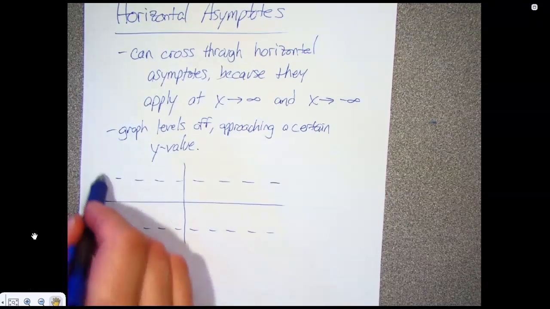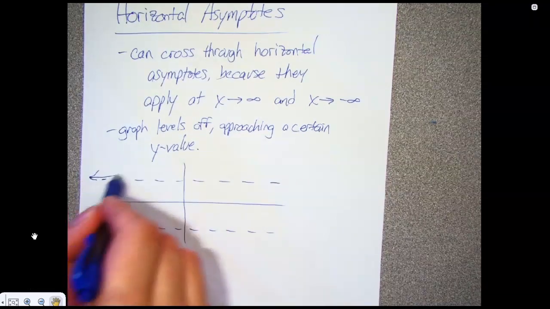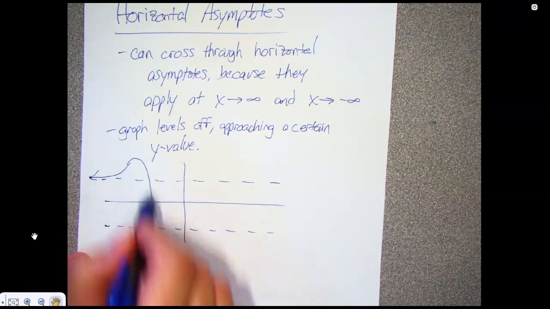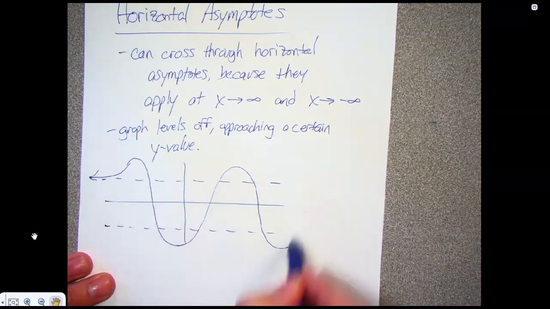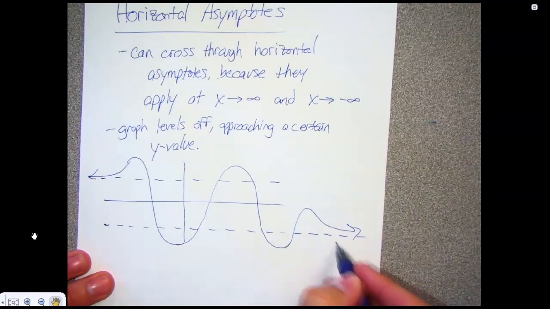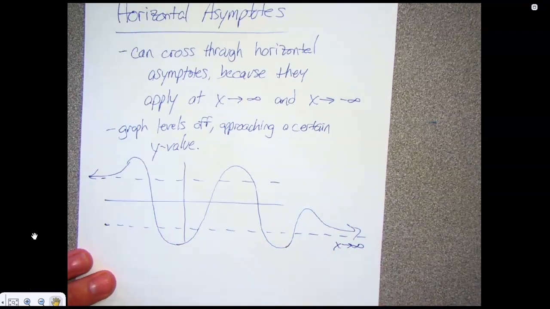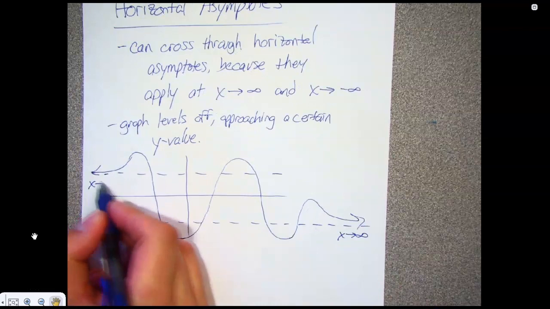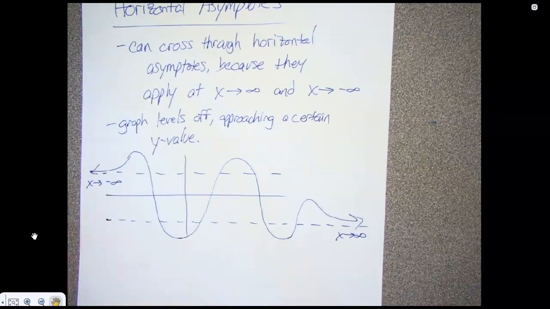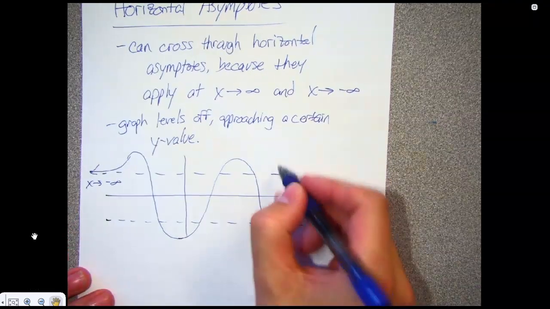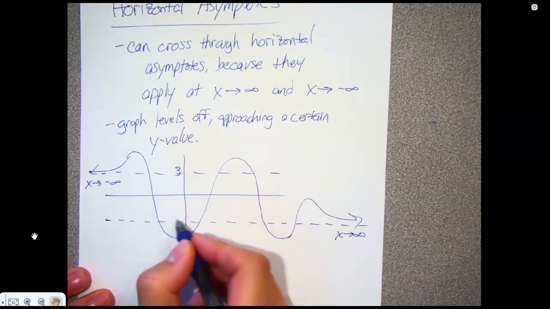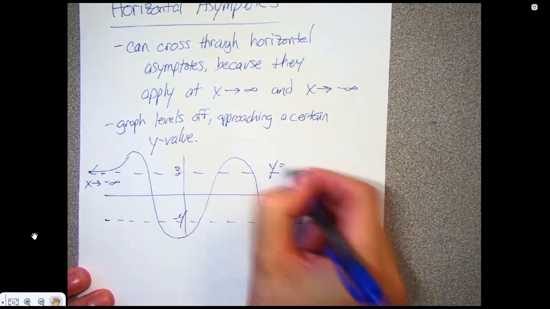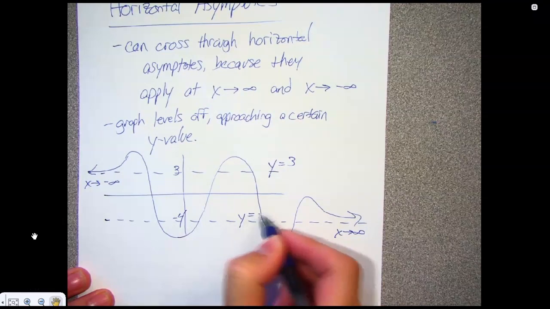It levels off over here, then crosses through a bunch of times and levels off over there. This is as x approaches infinity, and this is as x approaches negative infinity. Say this is 3 and negative 4: you have a horizontal asymptote of y equals 3 and a horizontal asymptote of y equals negative 4.